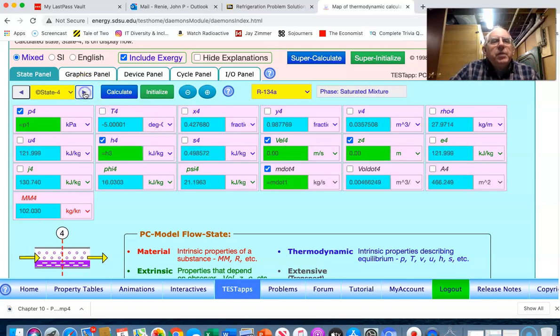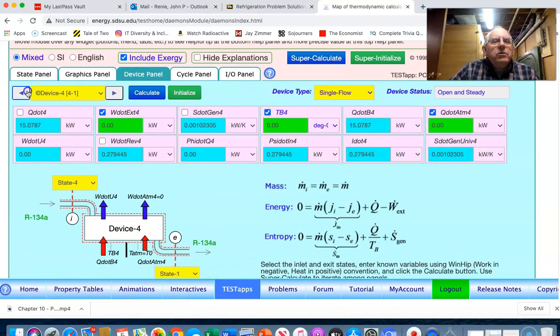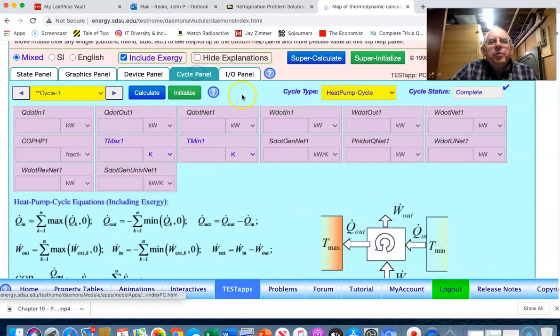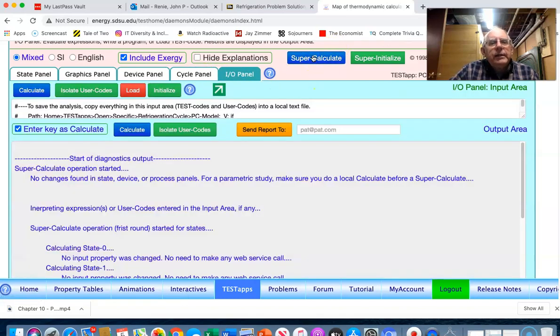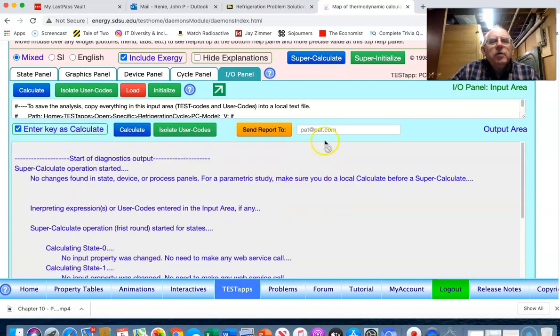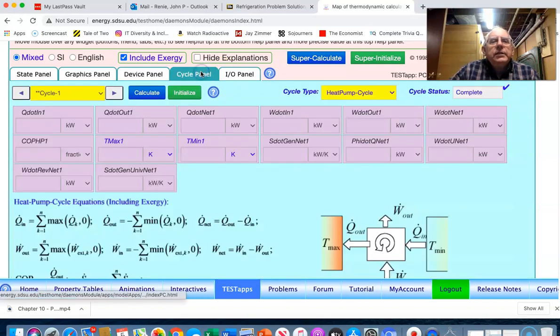Something seems to be amiss. If I go to my device panels and look at our devices, calculate, calculate, calculate, calculate, cycle panel, super calculate. Okay, so it's saying that it started and there are no changes. And so it's not going to be updating for whatever reason.